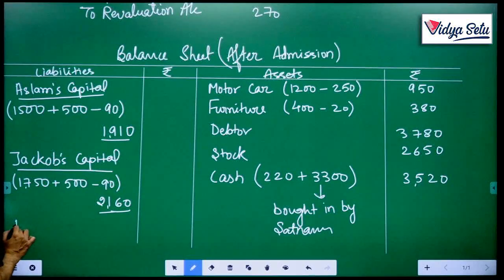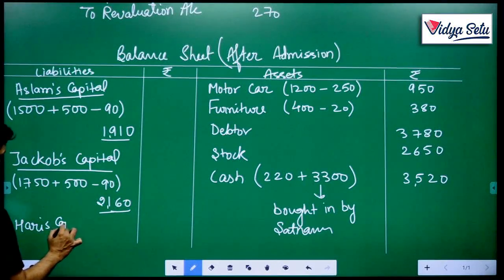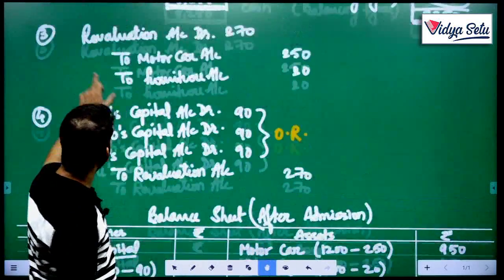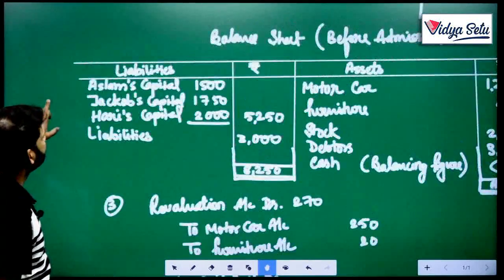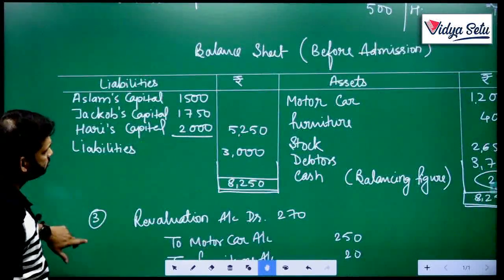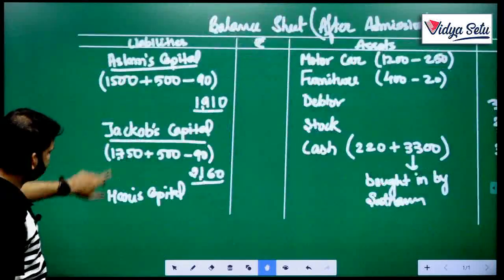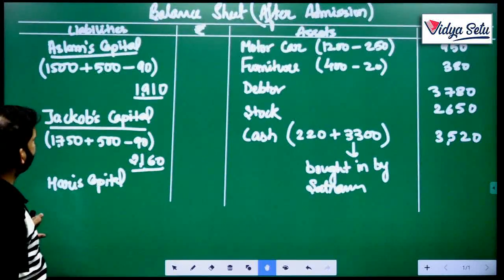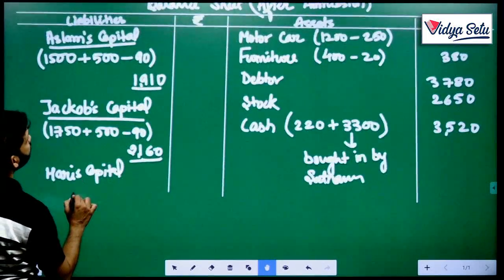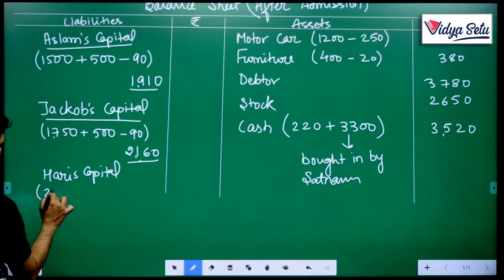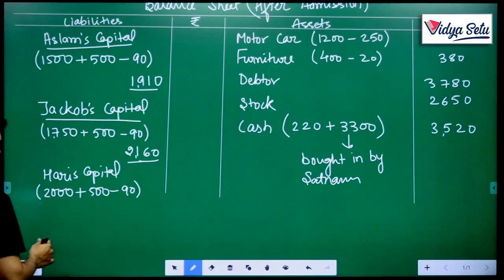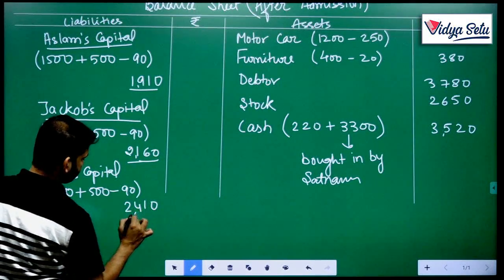And Hari, I guess he had 2000 rupee capital. Yeah, 2000 was his capital, and 500 also he got. 2000 plus 500 minus 90, so 2410 is his capital.